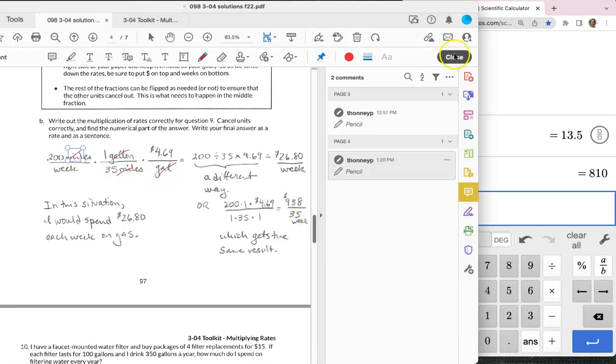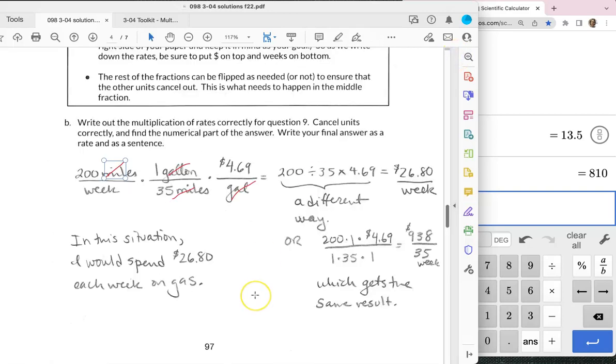Excellent. And the next thing I wanted to show you is that we are going to get dollars per week, so that's a good thing. And then as far as crunching the numbers, you can do 200 times 1 times 4.69, which is what I'm doing down here, and 1 times 35 times 1. Get your answer on top, get your answer on bottom.